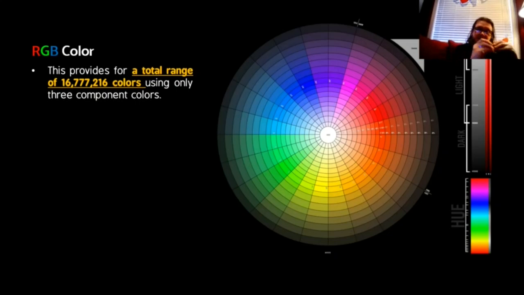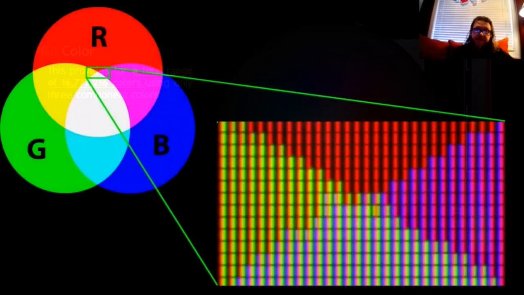It's just the slightest change of intensity that gets us all these different colors. Because we have essentially 256 levels of intensity for each of these 3 color components, we can get those millions of colors on the screen.